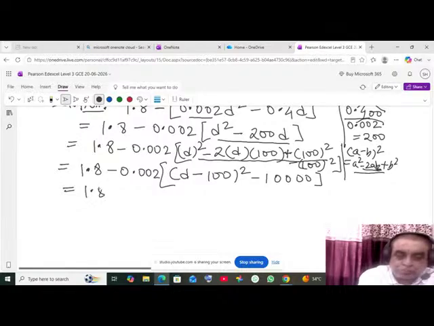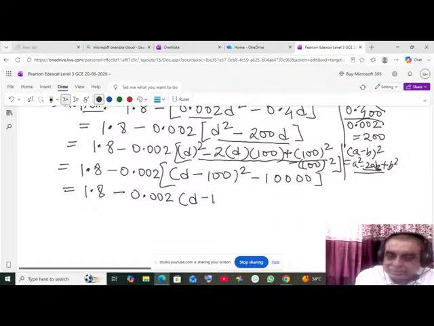So this becomes 1.8. Multiply this number 0.002 with both the terms inside the square bracket. So this becomes minus 0.002 times d minus 100 whole squared, and minus 0.002 you will multiply with 10,000. Negative multiplied with negative becomes positive.